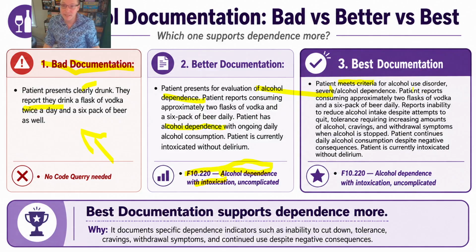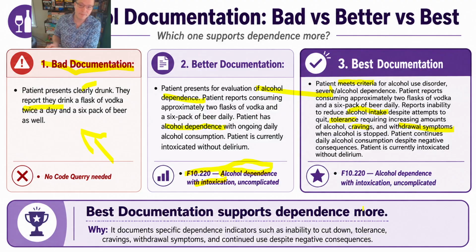So patient meets criteria for alcohol use disorder, severe alcohol dependency. Patient reports the blah, blah, blah. We've all read that plenty of times. The patient reports inability to reduce alcohol intake despite attempts to quit, their tolerance is increasing. They have cravings. They have withdrawal symptoms. Everything's written so that we have at least 5 criteria to hit the dependency. And that's it. That's how we'll code it.